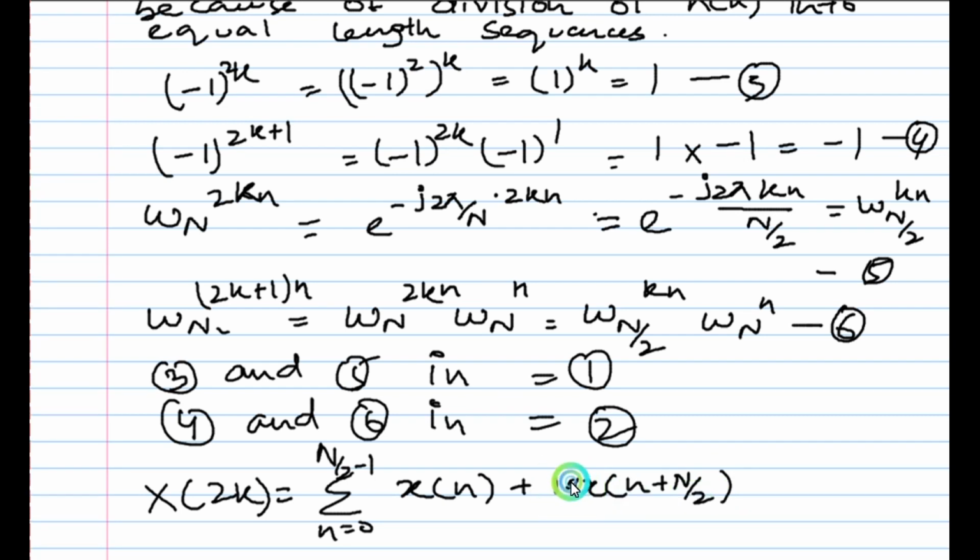The whole thing was multiplied by W n 2k, and instead of W n 2k I will write W n by 2. Okay, fine. Let me say this is 7.